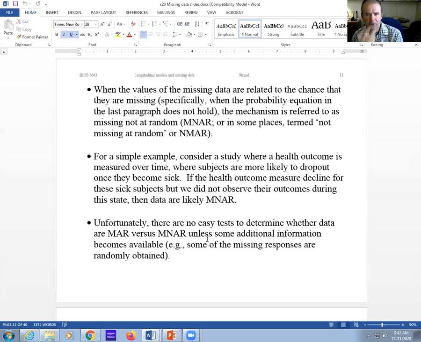So for example, if you observe subjects and then they start to get sick, but then you don't observe that outcome, that would be an example of missing not at random. And that's the most complicated in terms of trying to adjust for, because we didn't observe an important outcome that affects the fact that they were missing, right?